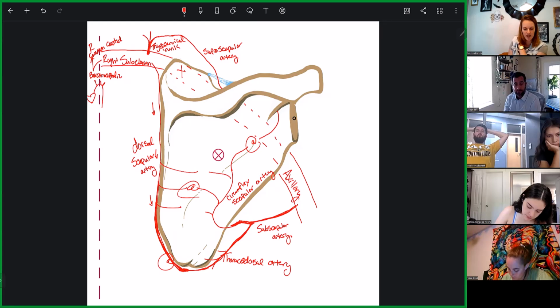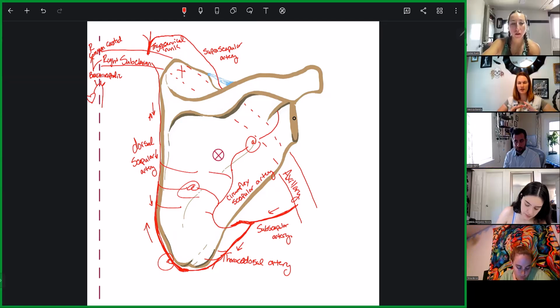I could actually take blood from the subscapular, push through here, go through thoracodorsal, go up dorsal scapular, and then get to the subclavian to then push into the thyrocervical trunk. I can reroute blood in so many ways. Just make sure that you don't think about arteries only going one way.